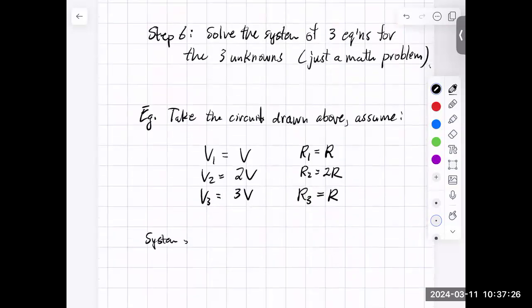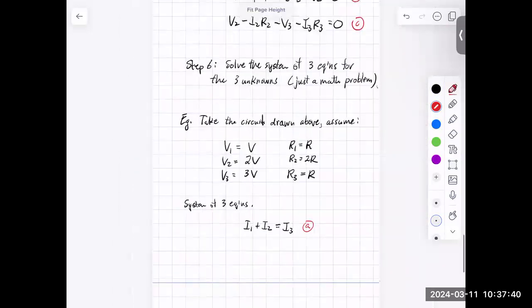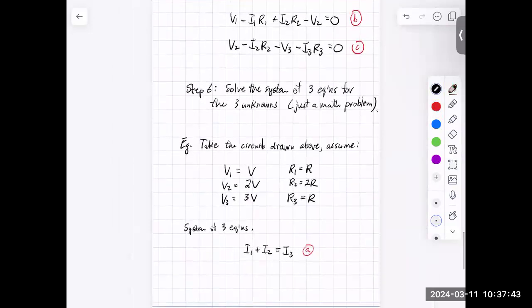So our system of three equations then will be, the first one doesn't change. I1 plus I2 is equal to I3. So that's still just the same equation A. And the second equation is going to be V1, which will be V, minus I1 R1.